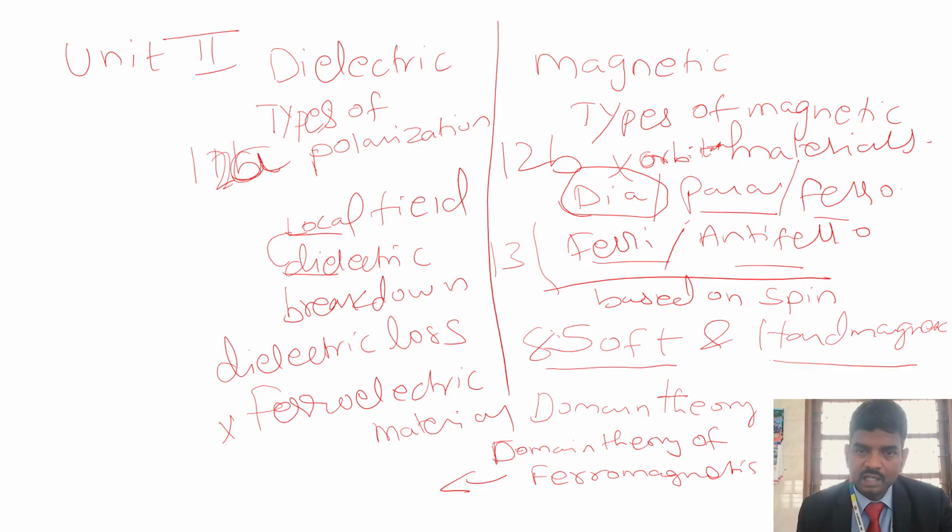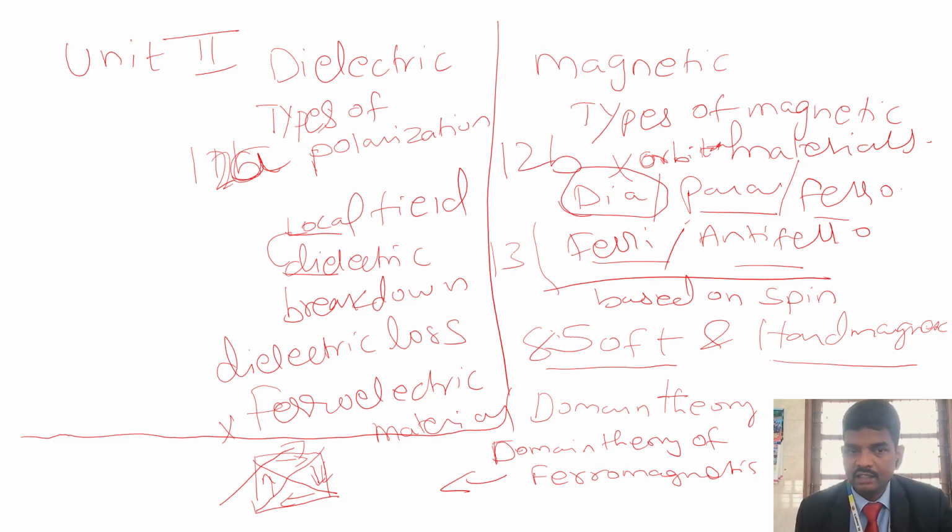You will be discussing how it gets magnetized. For example, if you have a closure domain and you apply a magnetic field, how does it get magnetized, right? This will be discussed.